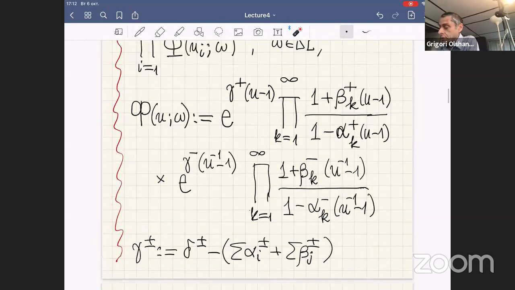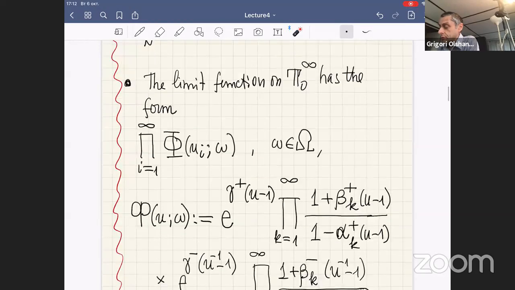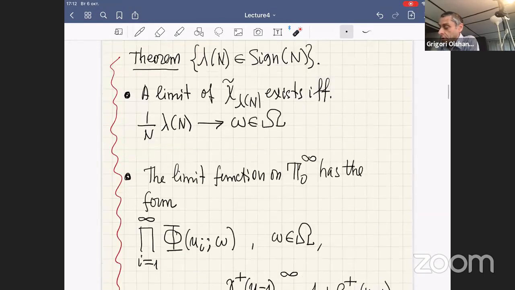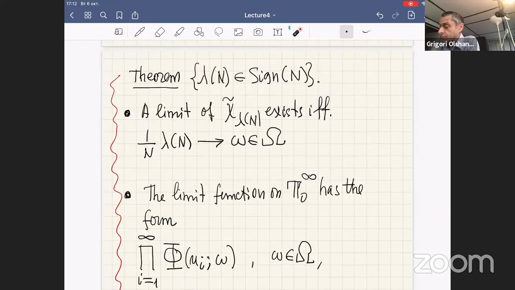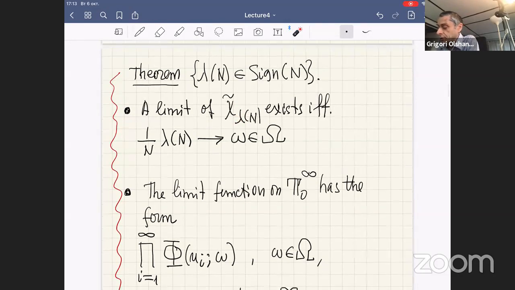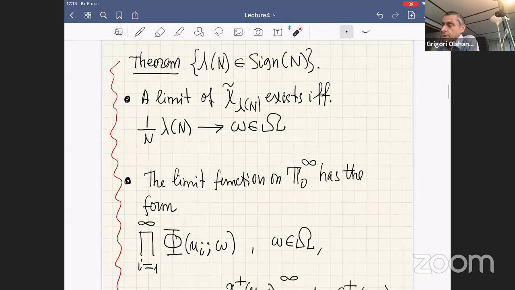So why is this surprising? Look, before the limit, the character is not very complicated, but still it's some special function in a certain sense. It is given by a certain determinant. It's not a totally elementary function, but in the limit, we get a totally elementary expression.